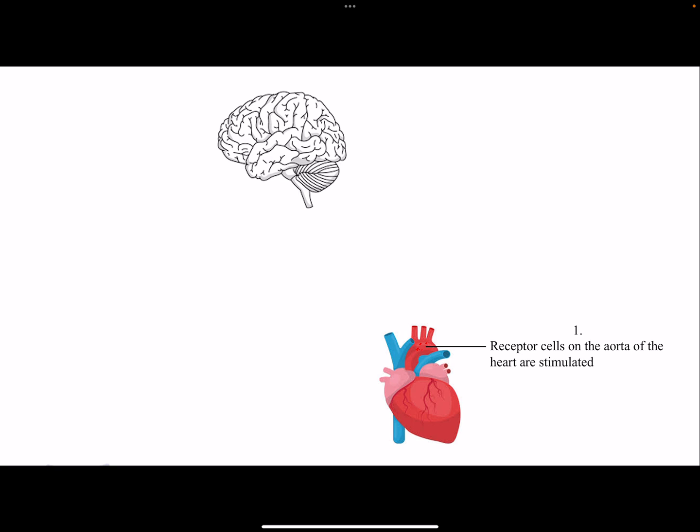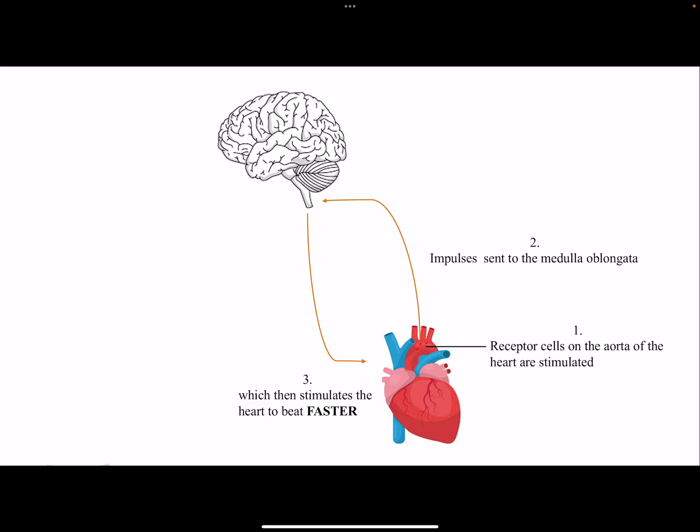Step number two, then after they detect this increase in blood CO2 levels, we said that an impulse is sent to the medulla oblongata of the brain, and then the medulla oblongata will cause, firstly, what? Which stimulates the heart to beat faster.